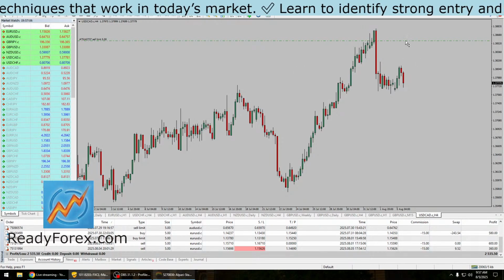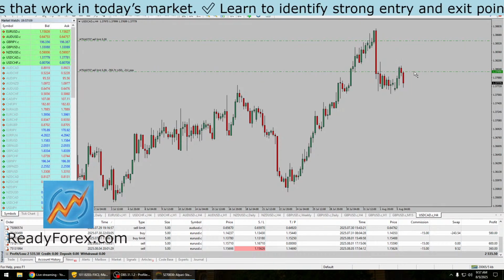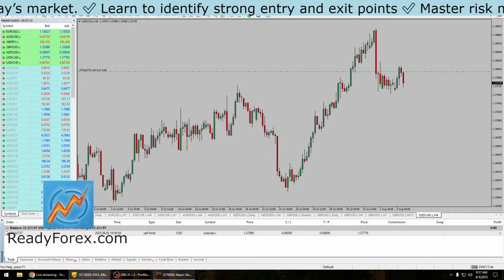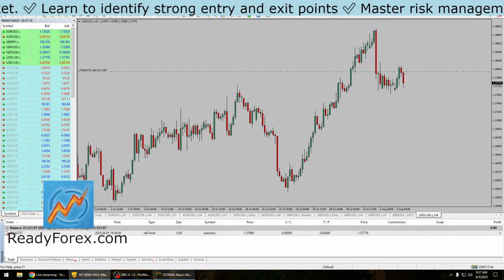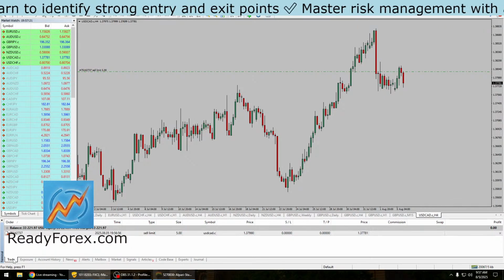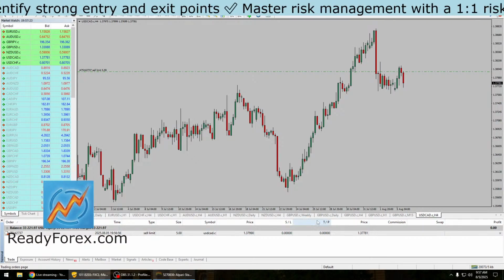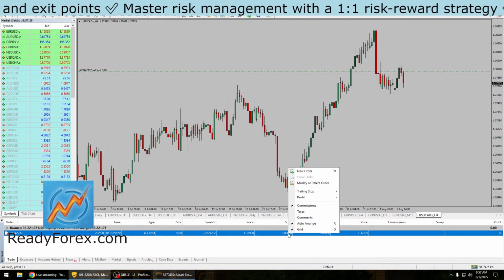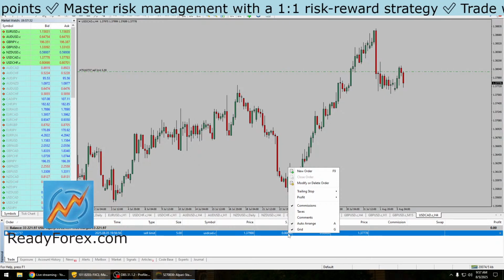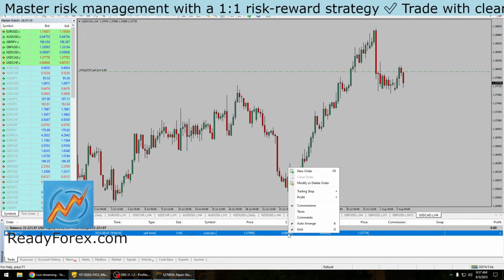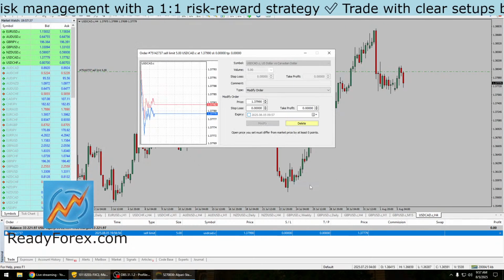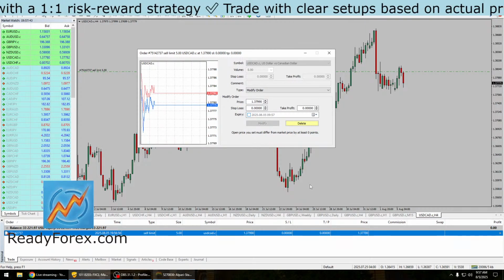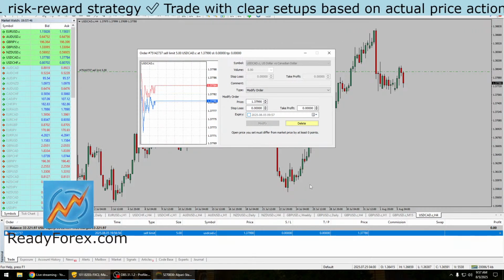Okay, put in a sell limit over here. I'm going to move this one down. Let's go over to the trade tab. I'm now going to modify.